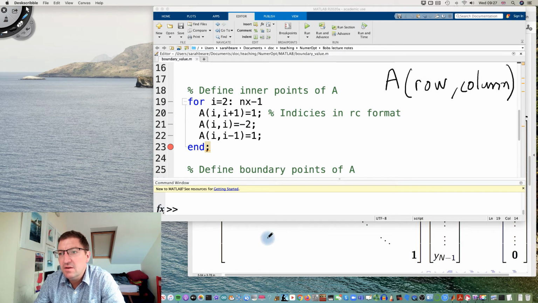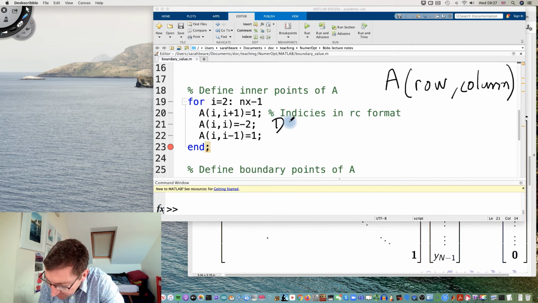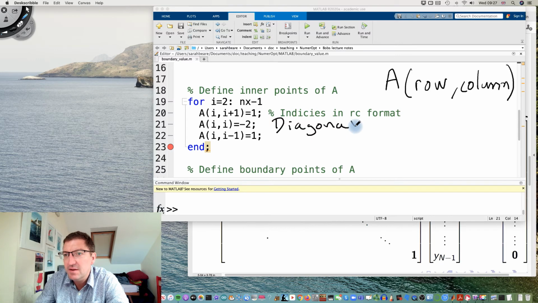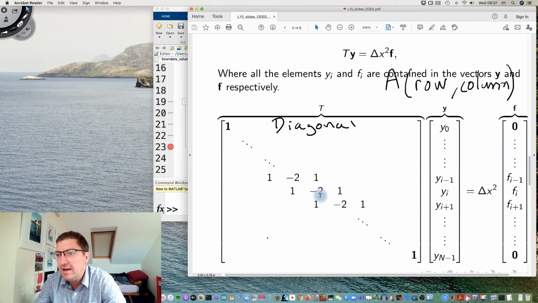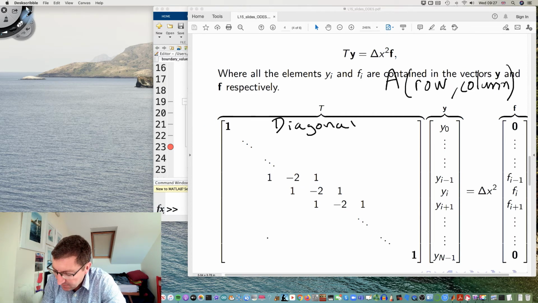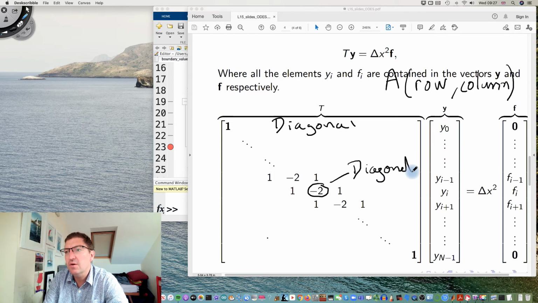So the central one, which is the diagonal, is I, I. And then the two other ones, the off diagonal, you can see it corresponds exactly to the diagonal. So this is our diagonal. And then you've got 1, 1 for the off diagonal elements.